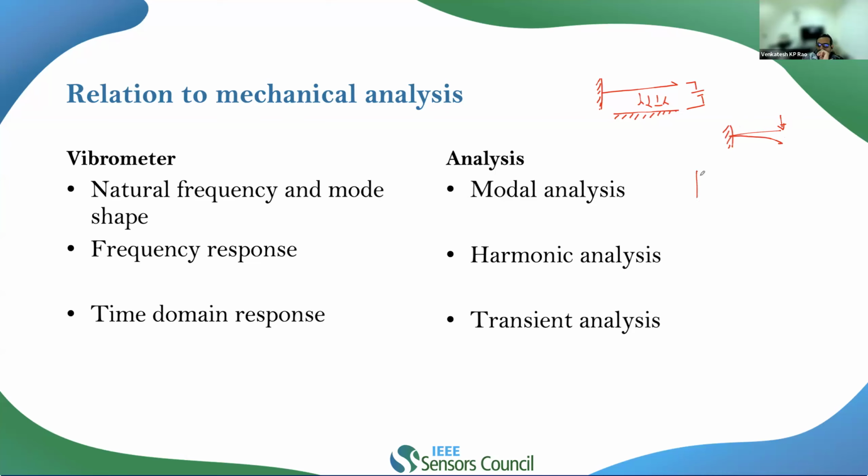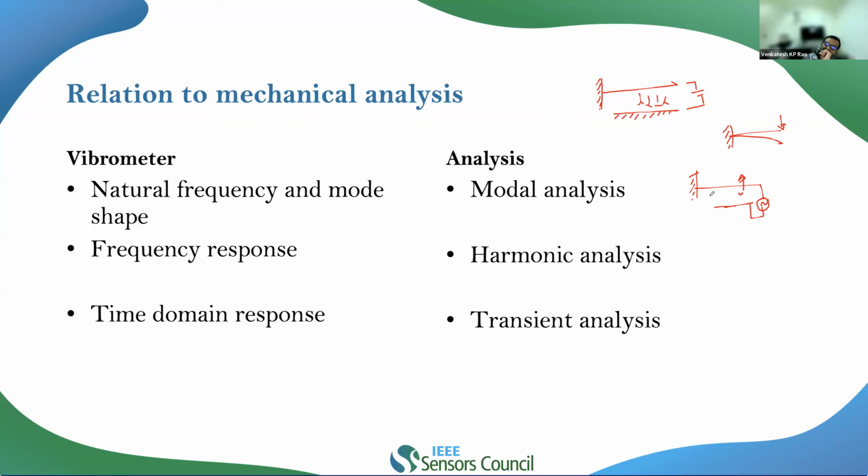Now, instead of applying a DC signal, I am going to apply an AC signal to this. If I apply an AC signal, then this cantilever starts to vibrate about its equilibrium position.